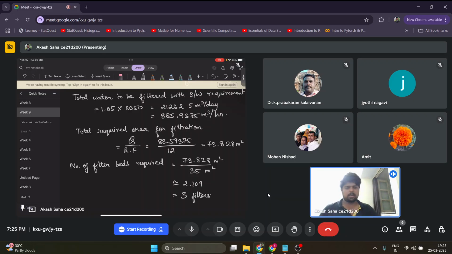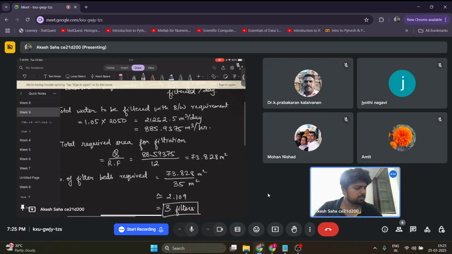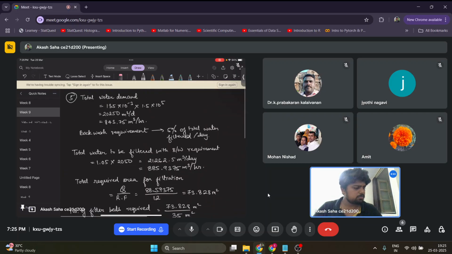While calculating the number of filters, it should be rounded off to the higher integer. Not 2, but 3 filters because more than 2 are required. So this is the answer, 3 filters. Is it clear? Very simple and direct. There is nothing much in this. We just have to take the backwash requirement into account.